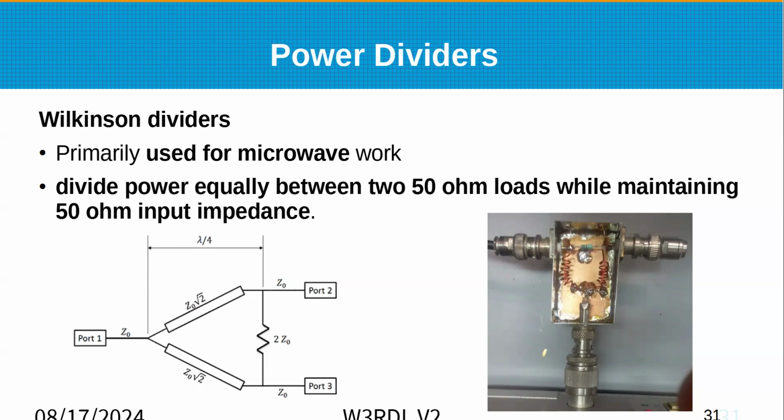It's maybe a little bit different than the cheap ones you used to buy for your TV, 75 ohm splitters, where this one maintains 50 ohm on the input and 50 ohms on the two outputs. And you can see in the box, there's a terminating resistor and those two coils. Looks like it's fairly simple.